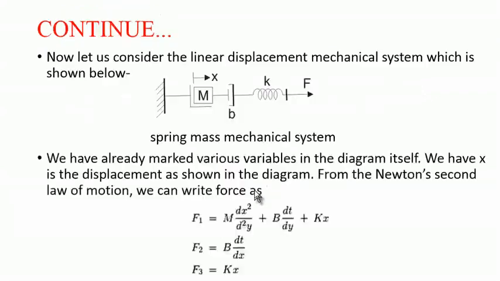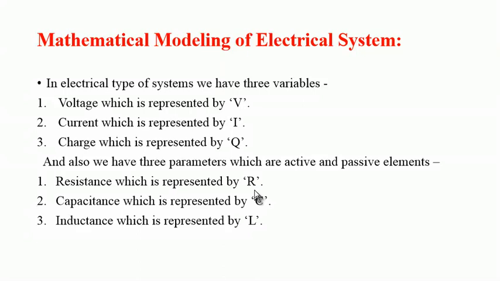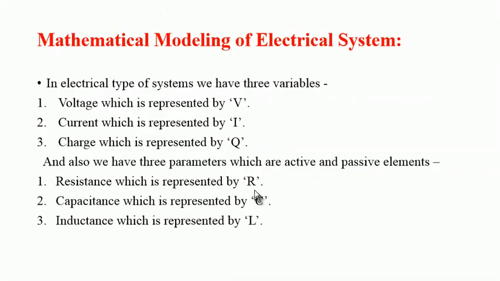Similarly, today we are going to discuss the mathematical modeling of electrical systems. For the mechanical system, the transfer function is T equal to 1 by ms square plus bs plus k. In a similar way, how do we find the transfer function for the mathematical modeling of an electrical system?